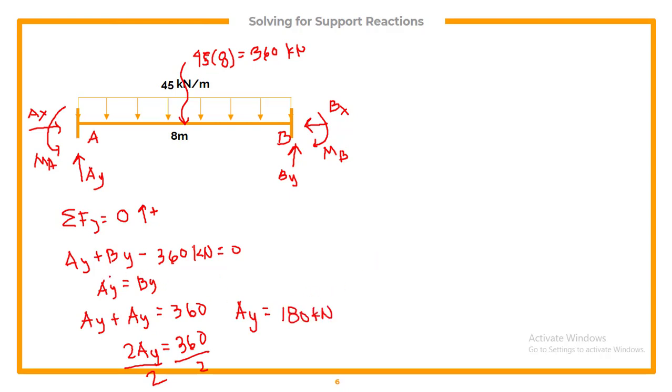Since AY equals BY, BY is also 180 kilonewton. This is the vertical support reaction.